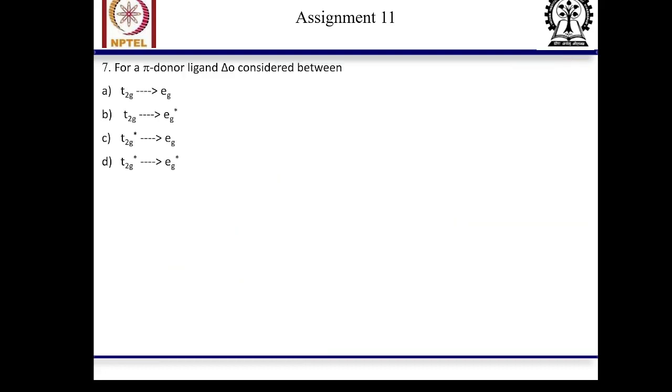Question: for a pi donor ligand, delta 0 is considered between which orbitals?